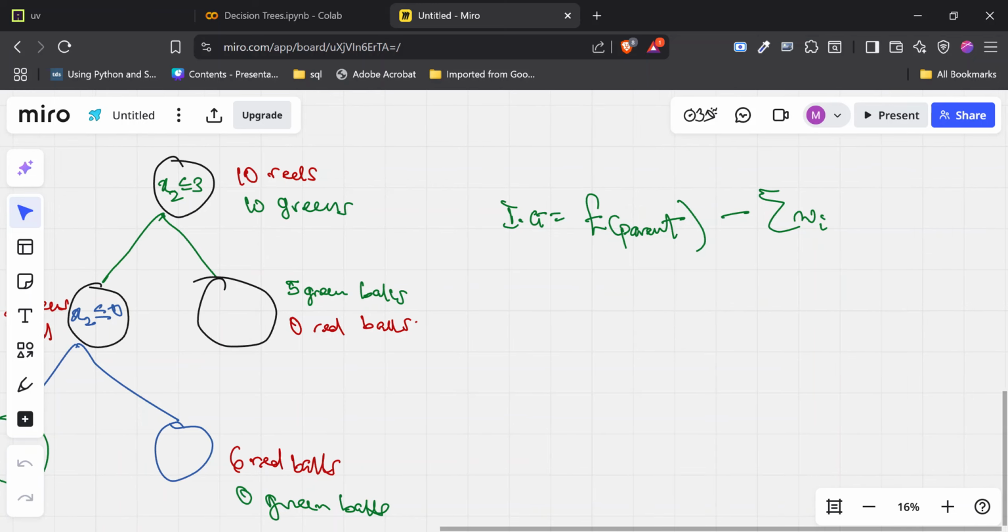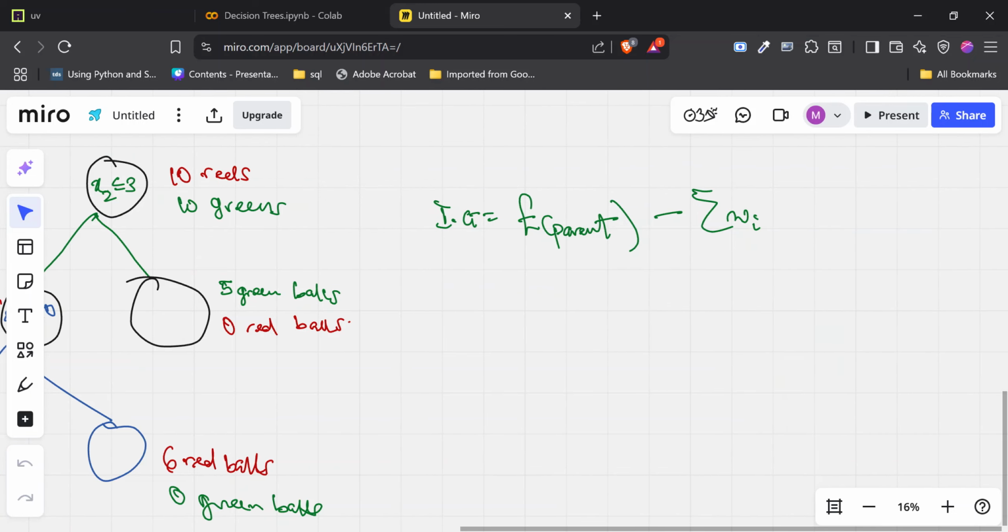You're going to see what that means shortly. wi multiplied by the entropy of the child. So this is the sum of the product of wi, where wi is the size of the child with respect to the parent, multiplied by the entropy of the child.